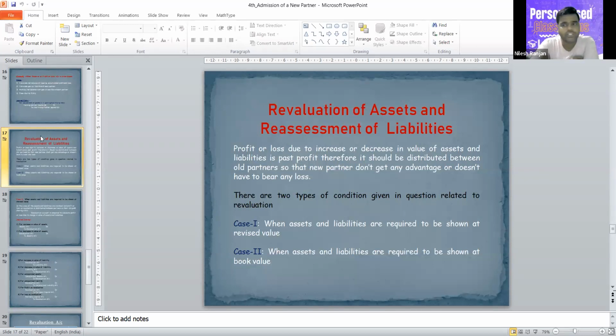Can you tell me what is a revaluation account and why it is prepared? The revaluation account is prepared to record the difference between the original value of an asset or liability and its revised value. So why is it required to calculate profit or loss on revaluation?